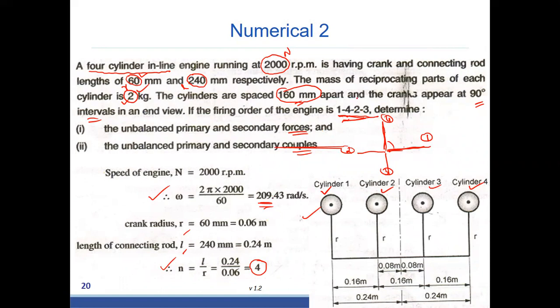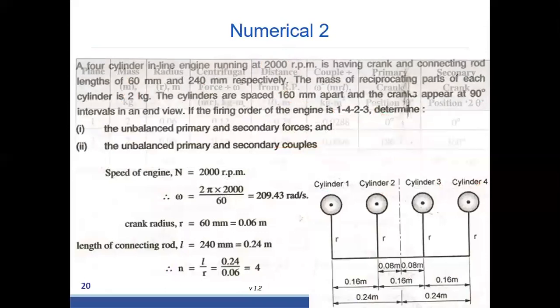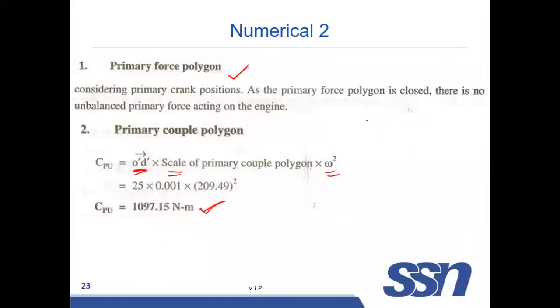You can check with different firing order. When firing order is changed, how the engine is balanced. You can try, do many iterations. Which order is best, you can select. No problem. Right? This is for one order.